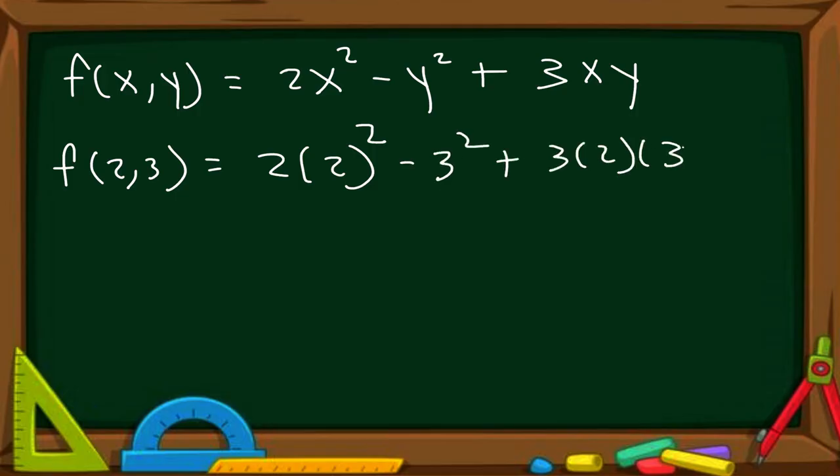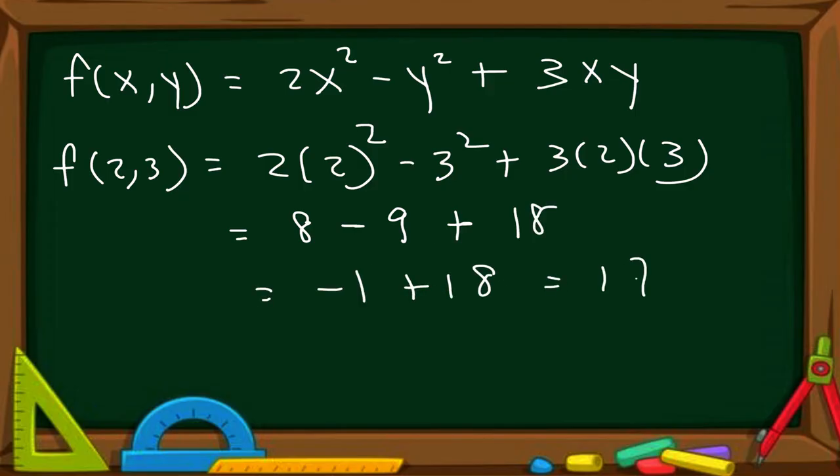So 2 squared is 4, times 2 is 8. 3 squared is 9. 3 times 2 is 6, times 3, that's 18. 8 minus 9 is negative 1. Negative 1 plus 18 is 17. So that's how you can evaluate a multivariable function.